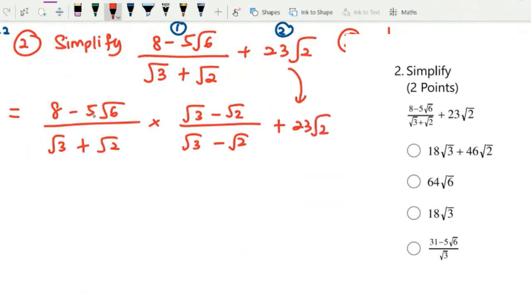Tapi kena selesaikan yang expression of the fraction with this third conjugate masing-masing dulu. Okay, kena selesaikan ni, dan nanti akhir sekali baru tambah dengan 23 third 2. So we have to expand one by one lah, kembang satu persatu. Okay, macam biasa. Okay, and then next one.